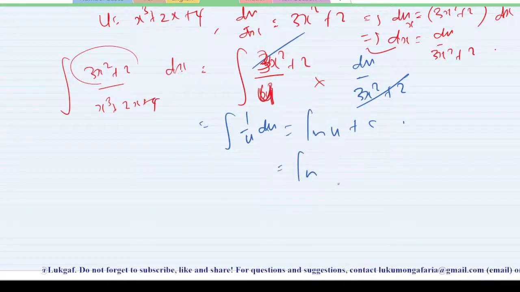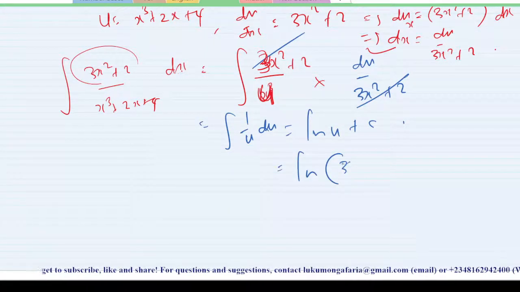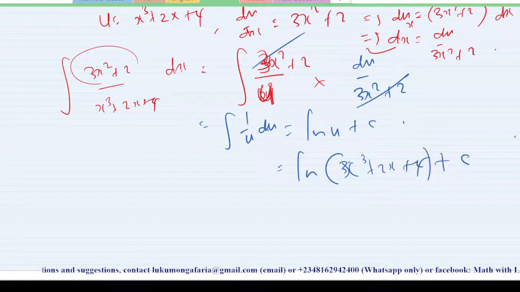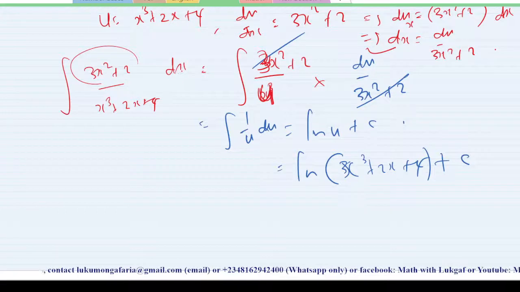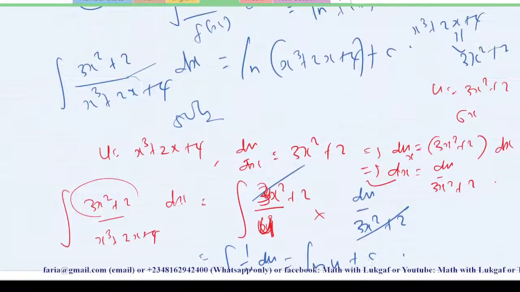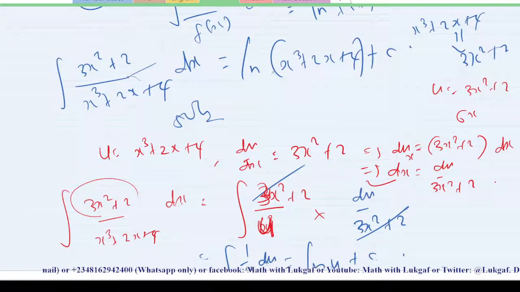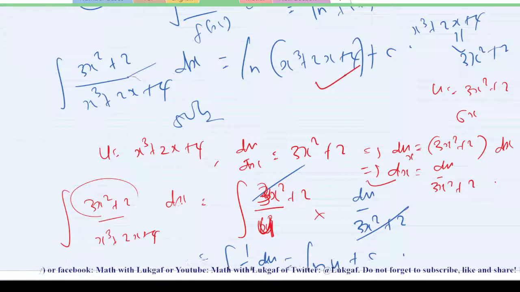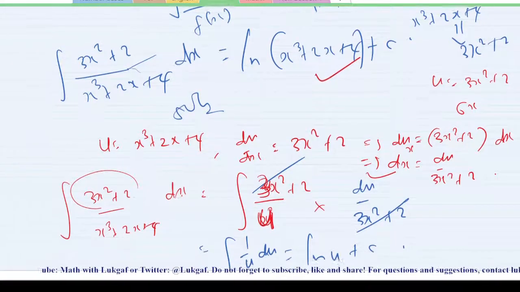So we substitute the value of your u, then I'm going to have ln of x cubed plus 2x plus 4 plus c. Look at it. So you will see that we had what we wrote here before. So what we predicted to have.